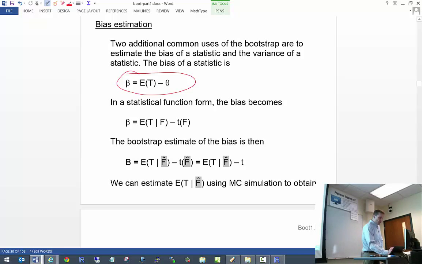I could specify that my samples are taken with respect to F, so Y1 through Yn distributed F. Also, I can write my theta in terms of a statistical function that we talked about last time. That just basically emphasizes that there's essentially a mathematical algorithm that's being used to calculate this parameter of interest. So for example, when we're dealing with the population mean as the parameter of interest, simply it's the integral of, let's say, y f of y dy.